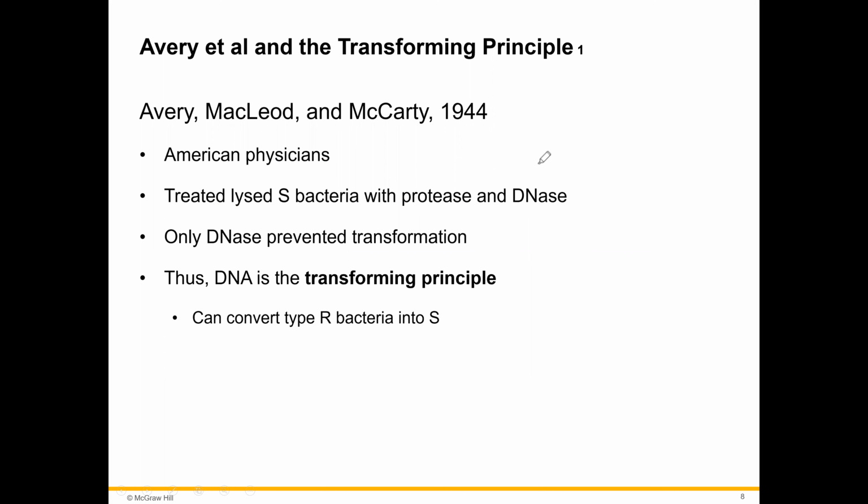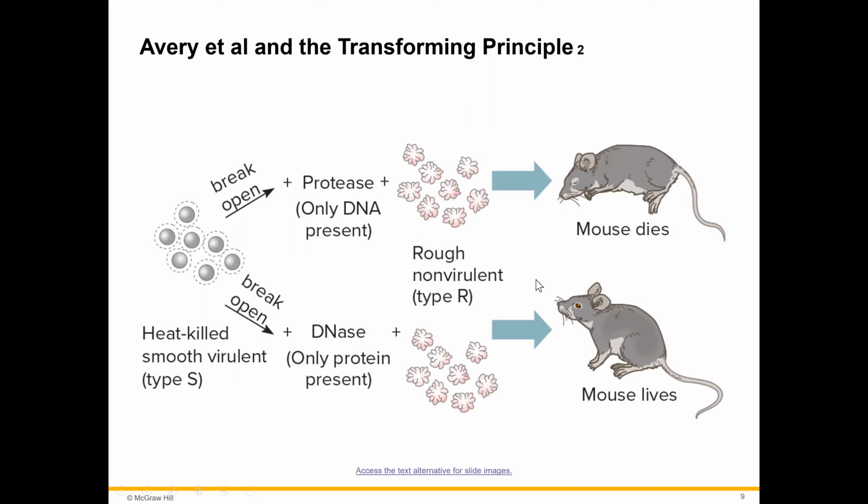Okay, so we will get back over here. Let's look at the experiment first, what they did. Remember how Griffith killed type S bacteria. So here we have this heat-killed type S smooth virulent bacteria. The bacteria cell is open.